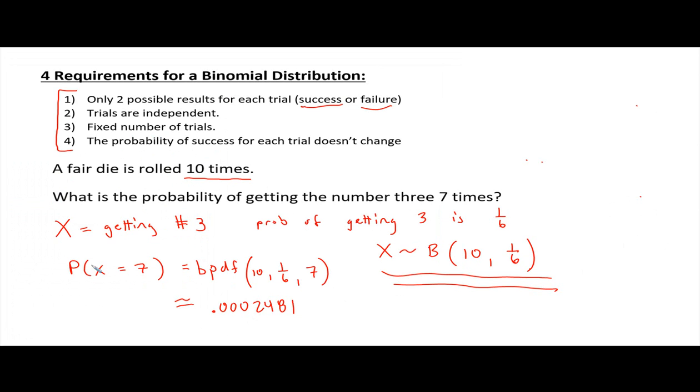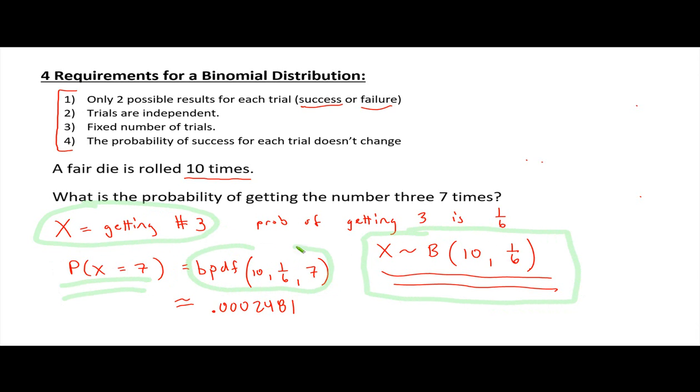So whenever it's a binomial distribution type question, make sure you define what X is. Make sure you state the parameters of your binomial distribution. Write out what you put in the calculator, which is what we're trying to solve.